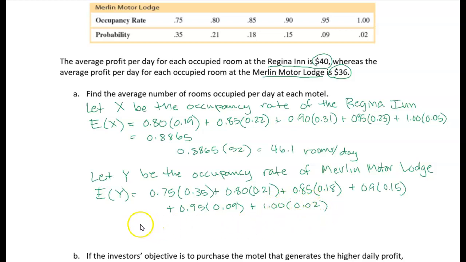All right, so now we can find the expected value of the occupancy rate. And if I put that in my calculator, I get 0.8240. But we're asked to find the average number of rooms occupied. And this motel has how many rooms? 60 rooms, right?